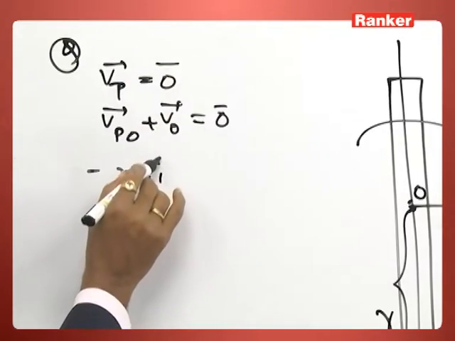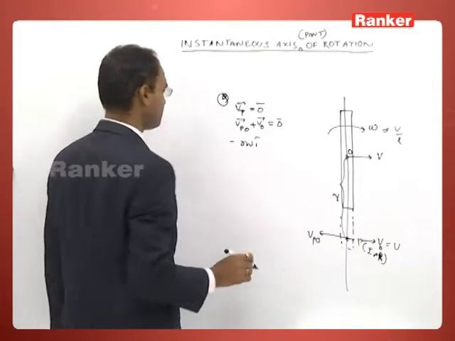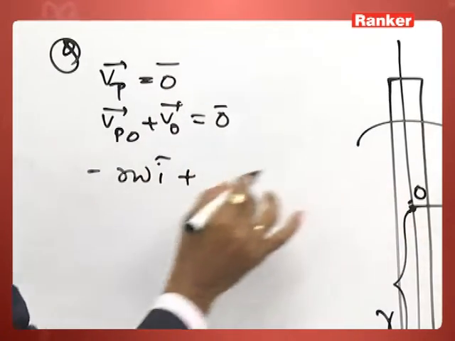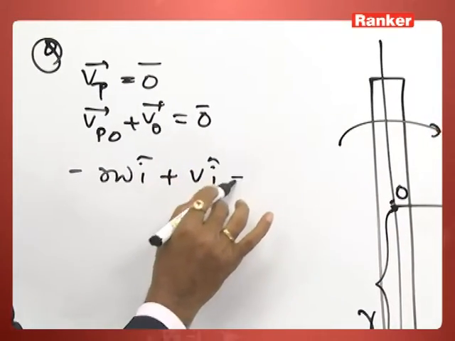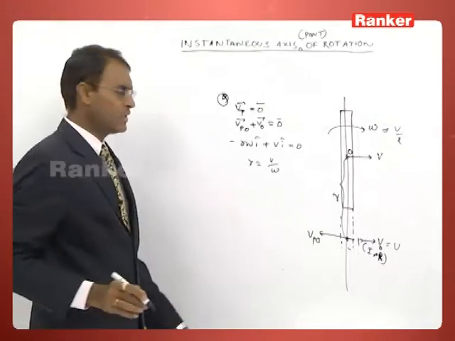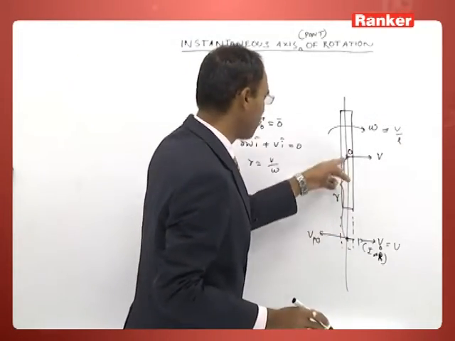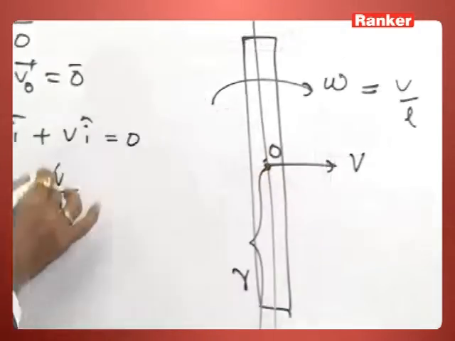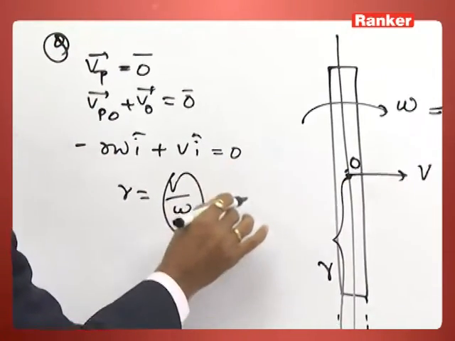That's equal to minus r omega in backward direction plus velocity of O is V i cap. That's equal to 0. So the instant axis of rotation must be situated below this point on the perpendicular line at a distance of V upon omega.